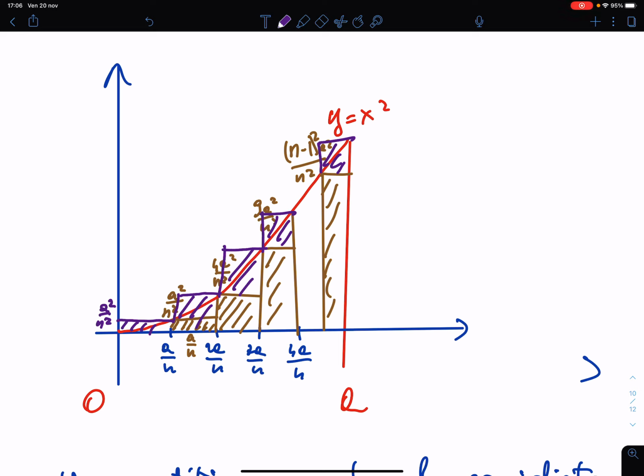And for the upper sum, we have here to sum a squared over n squared plus 4 plus 9 up to n squared, a squared over n squared.